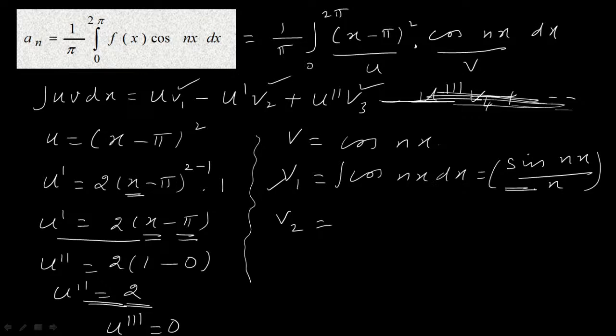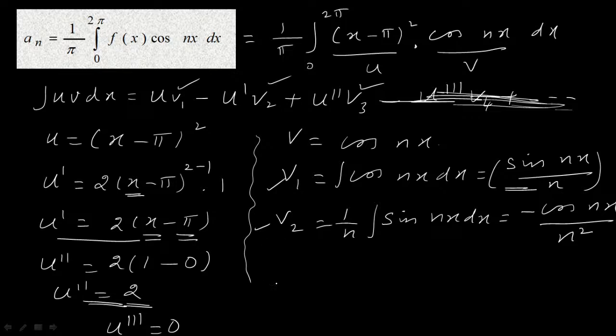This is your v1. So if you integrate this, 1 by n is a constant, you take it outside of the integral. So integral sin nx dx alone. If you integrate sin nx you get minus cos nx divided by n. Already you have n in the denominator, so that becomes n square in the denominator.